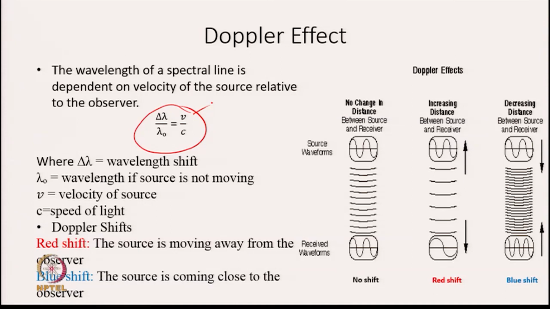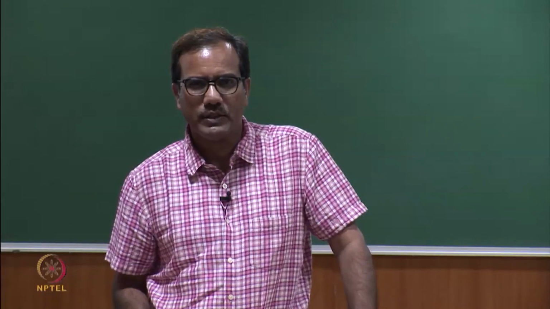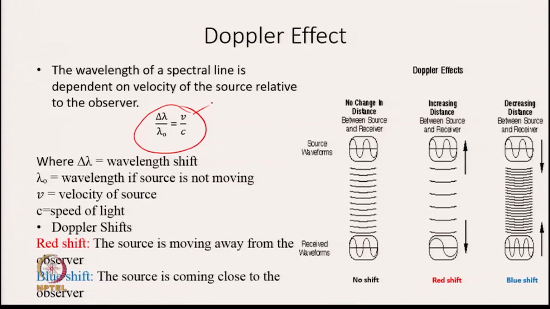So, what you can see is there will be a red shift if the source is moving away from the observer, and there will be a blue shift when the source is coming close to the observer. You can see here this is your source waveform and this is your receiver waveform, and with increasing distance this lambda increases and there is a red shift, whereas if they are moving towards each other, then there is a blue shift.